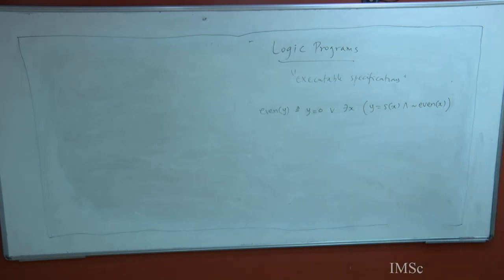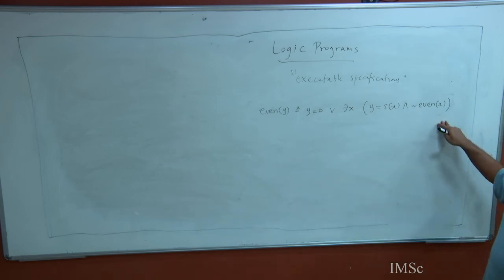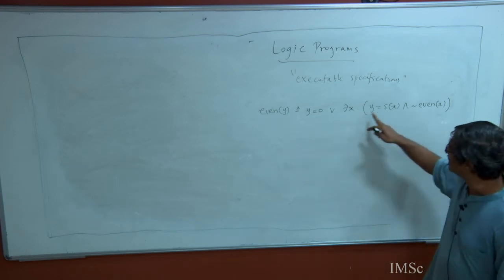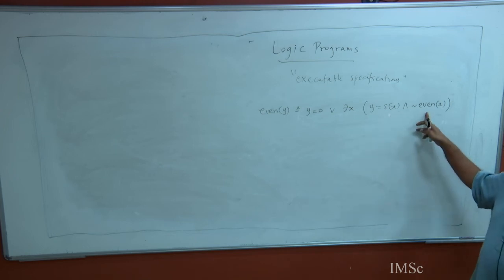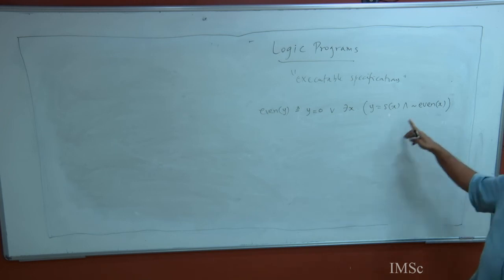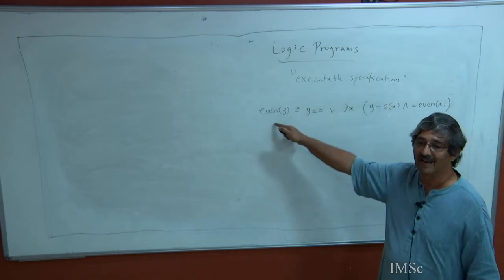This on the right hand side is a first order formula. It's a first order formula in the vocabulary with equality and one function symbol successor and one unary predicate symbol even. But this is actually defining a formula called even y, right?